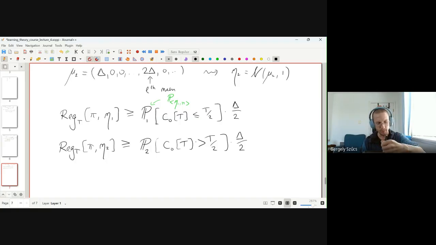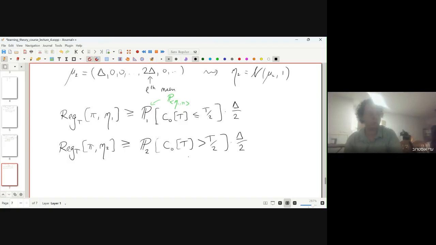Each time we are not pulling the lth arm, which is included in the case where we pull the 0th arm, we get a regret of delta. So similarly, if we pull the 0th arm at least half of the time, then each of those times we incur a regret of delta. So we get these two bounds. Does this one make sense as well? Right.